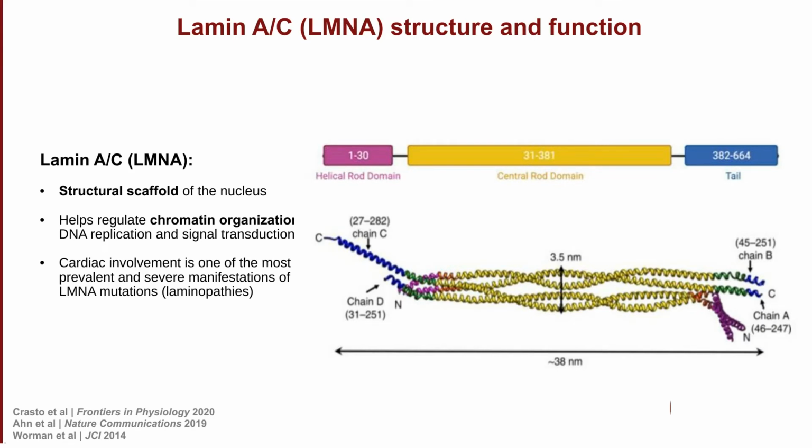It forms these long tetrameric bundles that functionally support and organize chromatin, and therefore plays an important role in DNA replication and signal transduction. Mutations in Lamin A, called laminopathies, largely result in cardiac diseases, such as DCM. But the underlying mechanisms still remain unclear. Therefore, having models for laminopathies where we can test drugs are incredibly valuable resources.